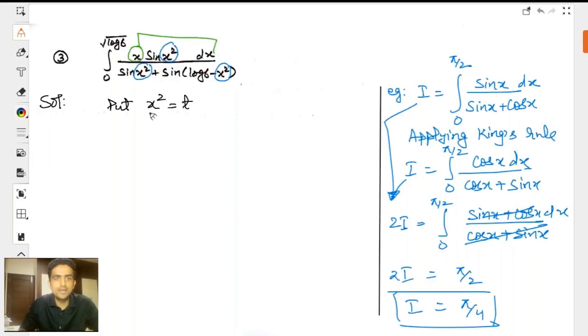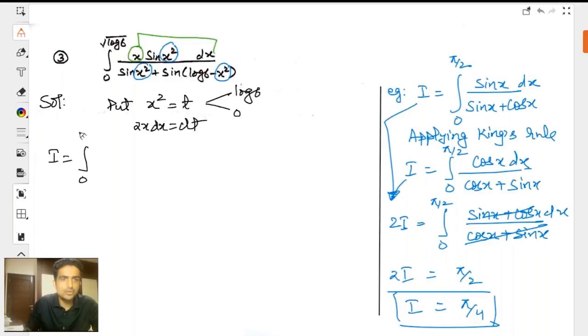So moment we put x square equal to t, that is 2x dx is dt. Certainly I'll be having new limits 0 to log of 6. My integral will become 0 to log of 6.